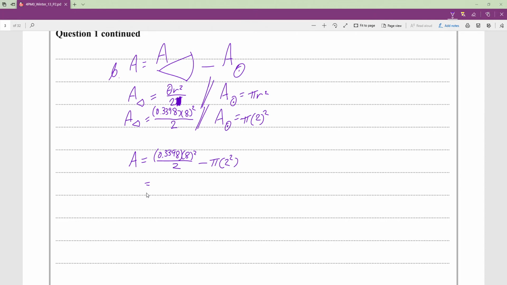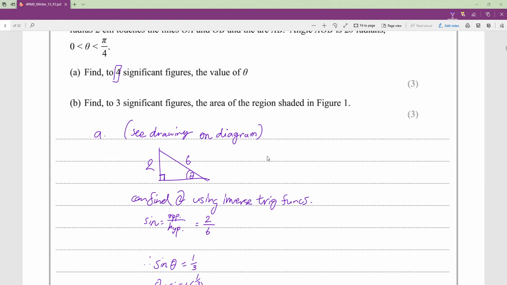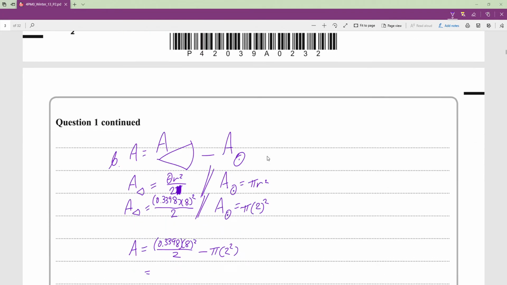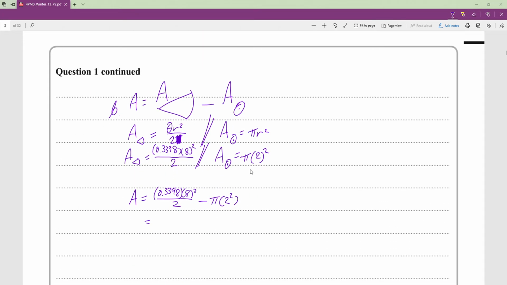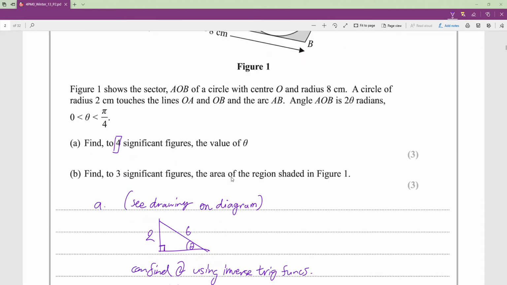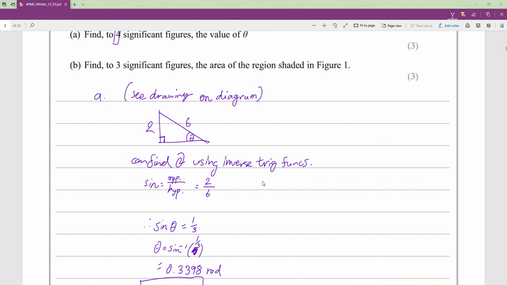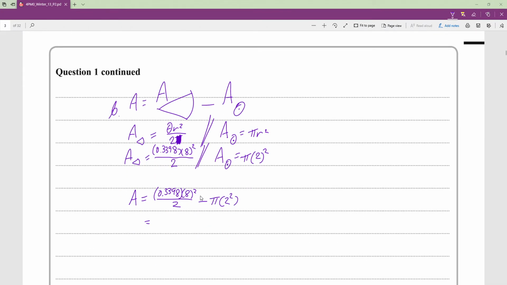That's quite strange. Wait. Hold on. The area of this? Okay, I see what I've done wrong.